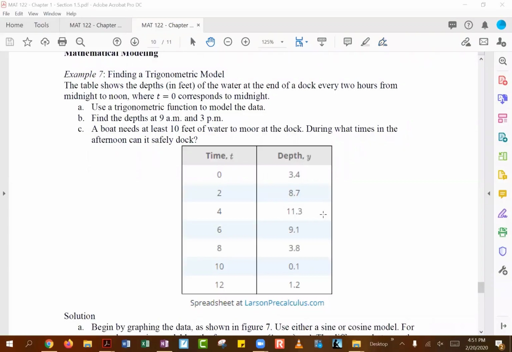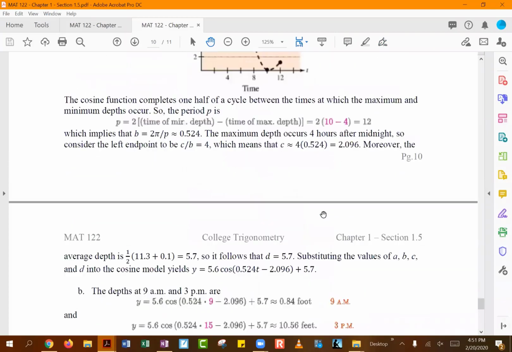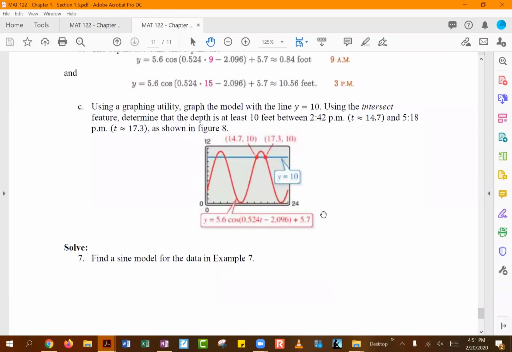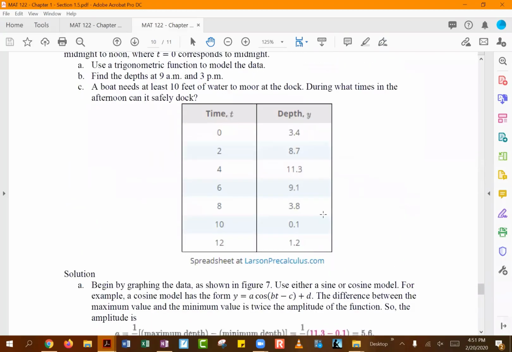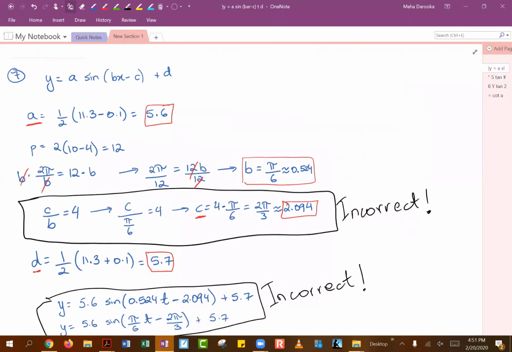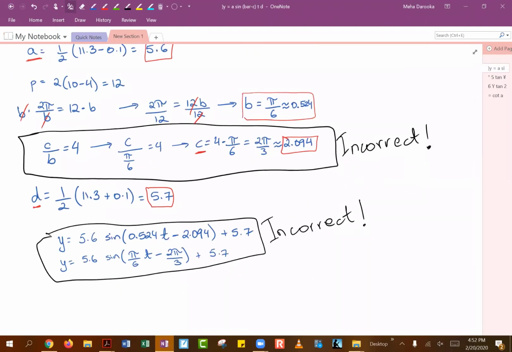Okay, guys, so we need to make a correction in example 7 that we looked at today earlier in our class. So let me go back to what we had done in class and show you where the correction needs to be made. This is example 7 from section 1.5 that we looked at. And this is where the error happened when we were trying to calculate what our C variable should be, and we ended up doing C over B equals 4, like we had seen in example 7 when they were talking about the cosine function.